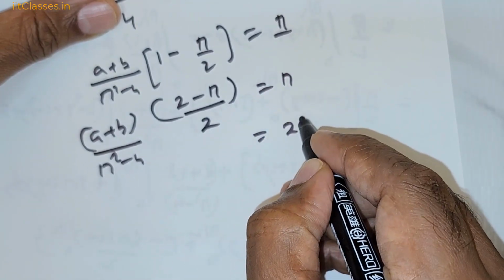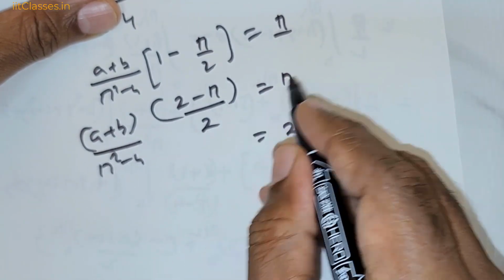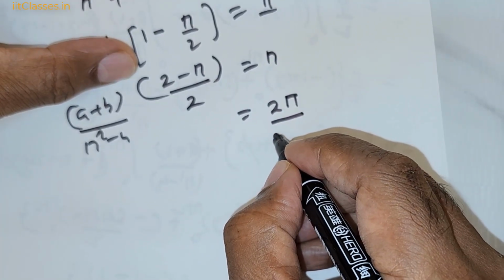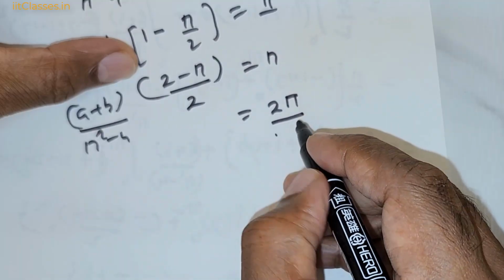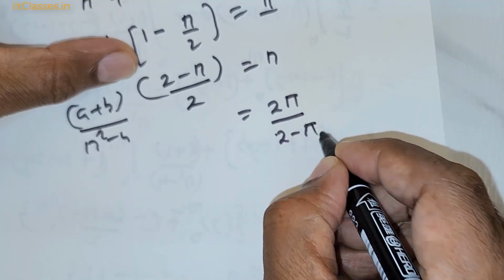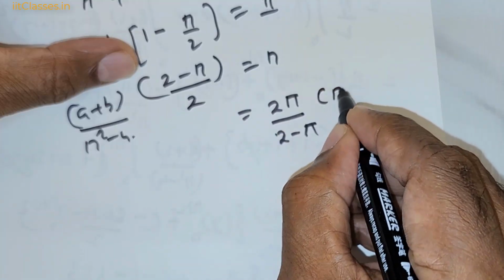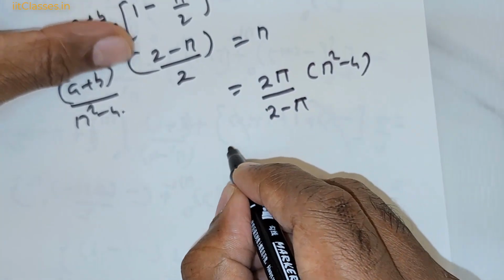So you cross multiply, you get 2 pi on one side, and then over here you get 2 negative pi, and then you cross multiply this, you get pi squared negative 4.